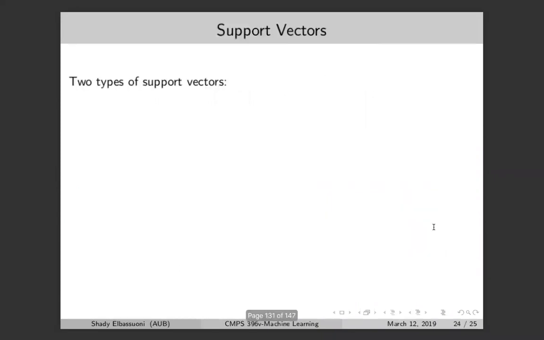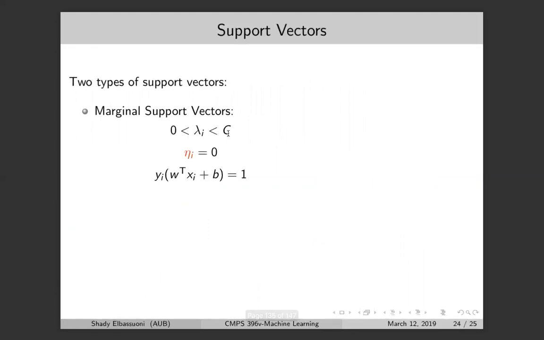All right. So I have 2 types of support vectors as before, right? As we said, marginal support vectors. These are, lambda_i is greater than 0 and less than C. The eta_i is equal to 0. So these are on the margin. And non-marginal support vectors, these are lambda_i is equal to C exactly, because C is equal to lambda_i plus mu_i, right?